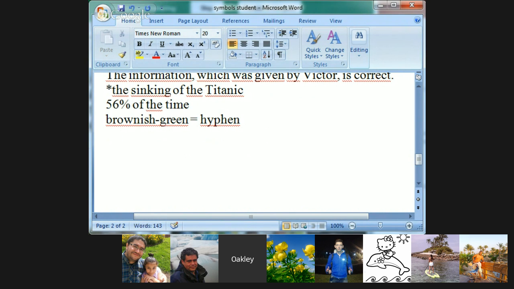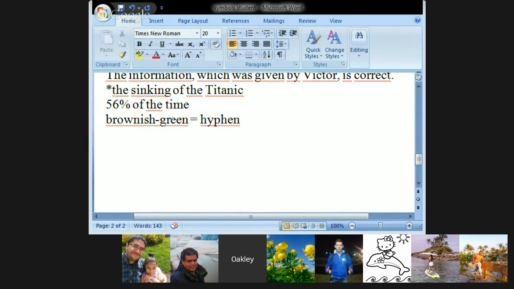Right. When we use it in this way, a hyphen and a dash look exactly alike. I mean, technically speaking, there's some differences because there's different kinds of dashes. Not that you really have to know, it's not that important. A hyphen is fairly easy. It looks the same as a dash.